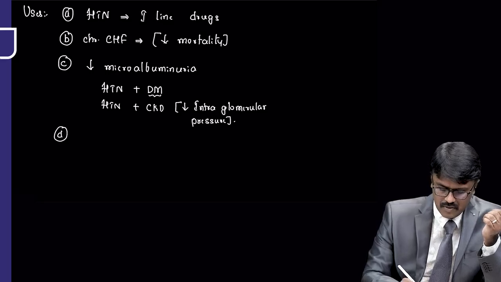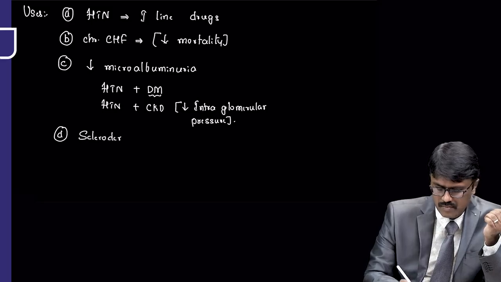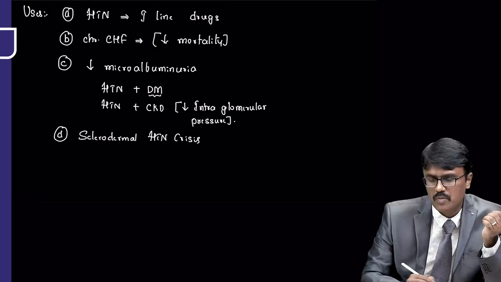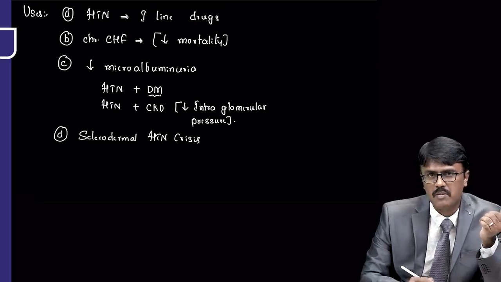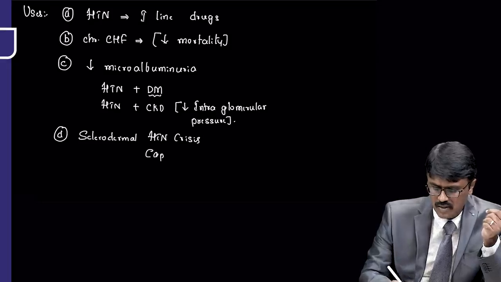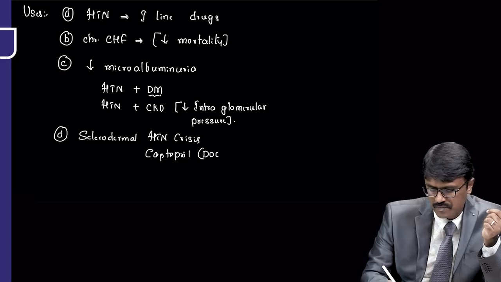Now it is also used in scleroderma renal crisis. So which one will you use, if I give two options, enalapril or captopril? You will use captopril because it's the active one. Captopril is the drug of choice.